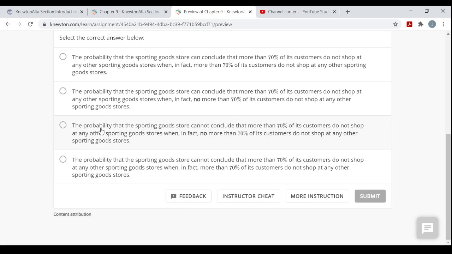This one here, the probability that the sporting goods store cannot conclude that more than 70% of its customers do not shop at any other stores, when in fact no more than 70% of its customers do not shop at any other stores. So this is saying they can't conclude the alternative, but then the null is true. That doesn't make any sense.